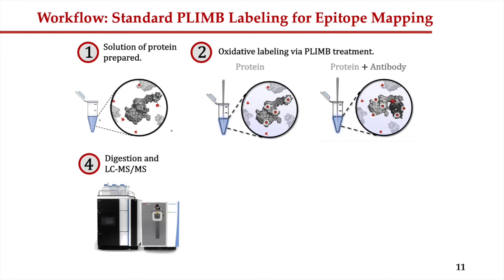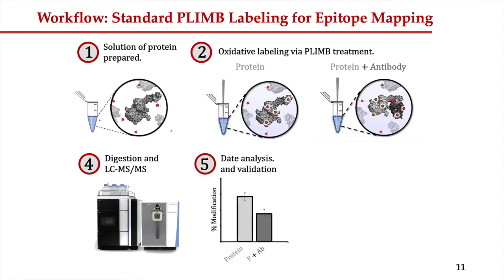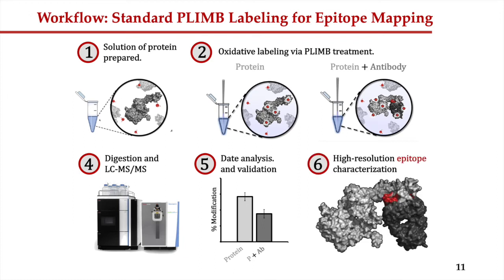We then digest and do LCMS, and we use data analysis and validation to look at the percent modification with or without that antibody present to bind to its antigen. We can then use that data to see areas where there's a significant change, which may be indicating a structural or an epitope region.